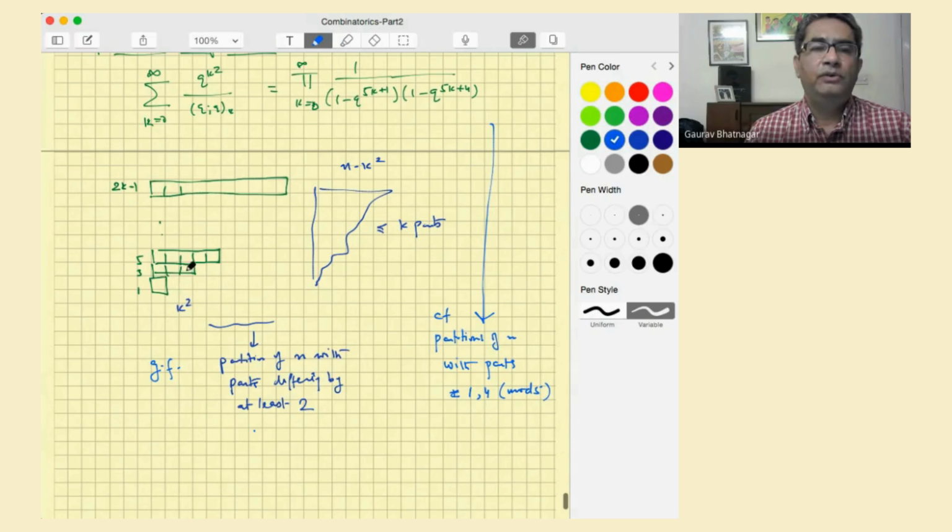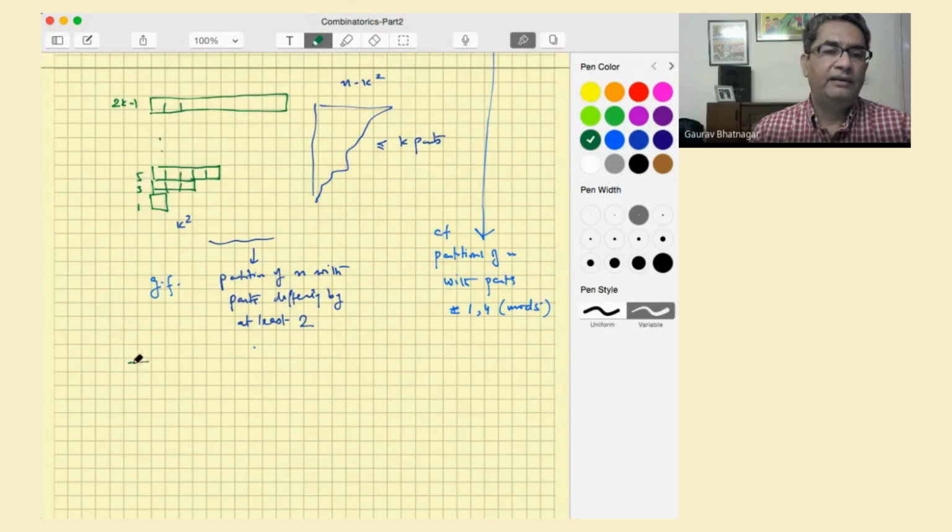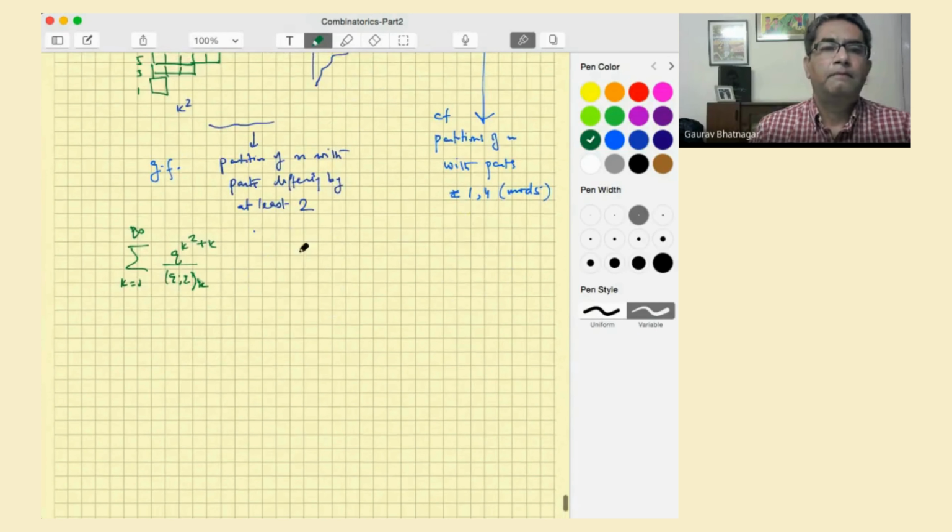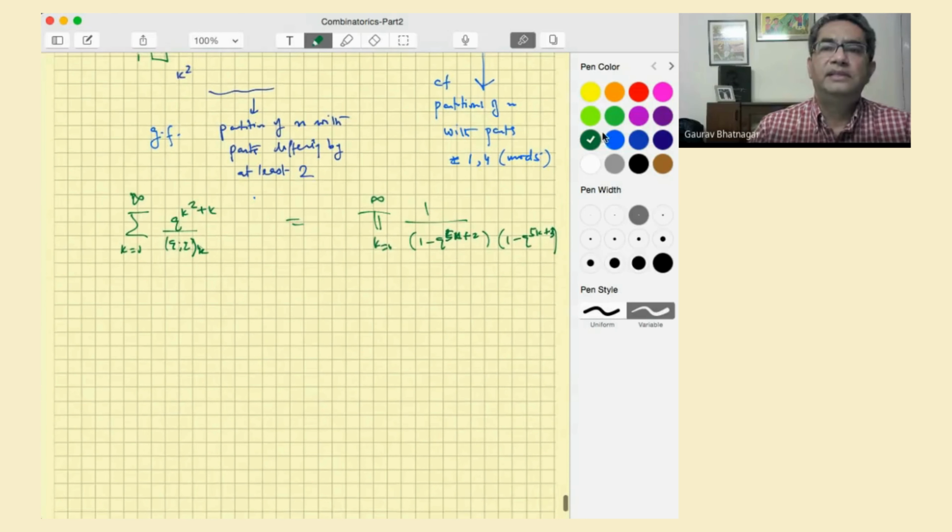So the difference has to be at least 2 at each step, and if we look at q raised to k square plus k over q sub k, with k plus 2 plus 3, this is easy as usual.